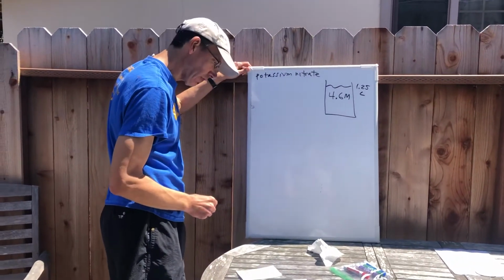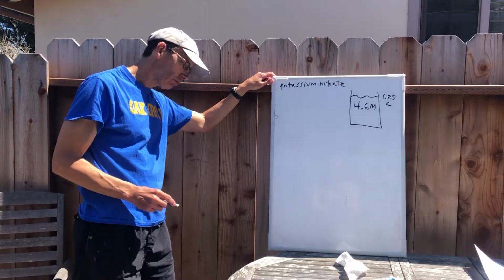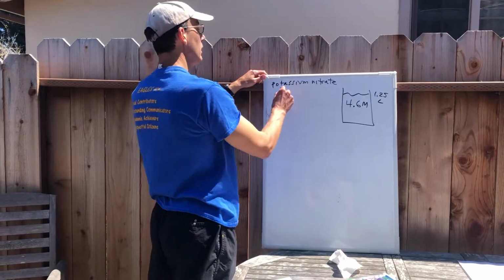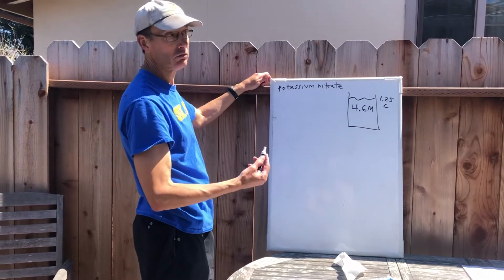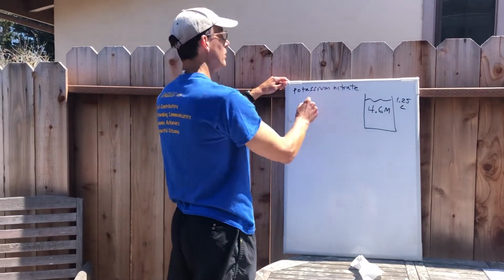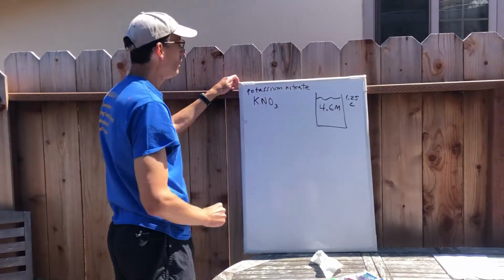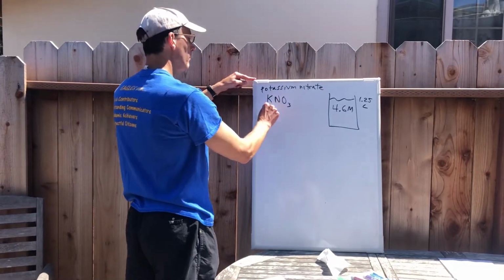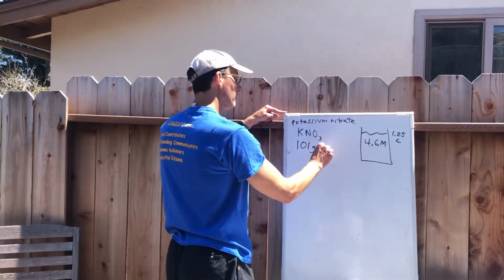And we are supposed to find out how much potassium nitrate we're going to need to make this solution. So first we do need the molar mass, but we should get the formula for potassium nitrate, which is KNO3. And if you add up the molar masses here, you should get 101 grams per mole.